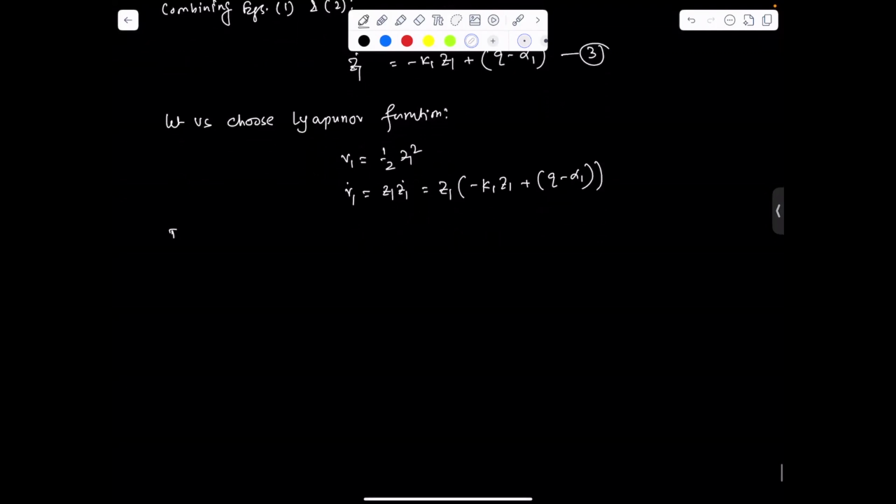And if q equals alpha 1, we can write V1 dot equals minus k1 z1 squared. So this is basically negative semi-definite.